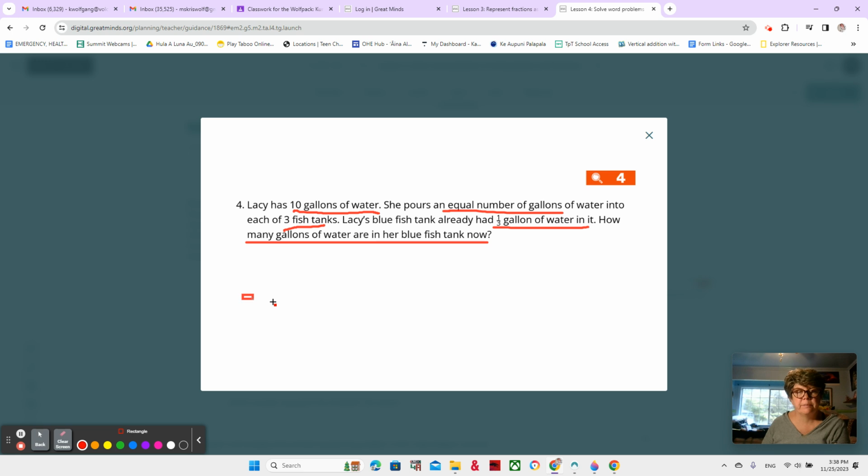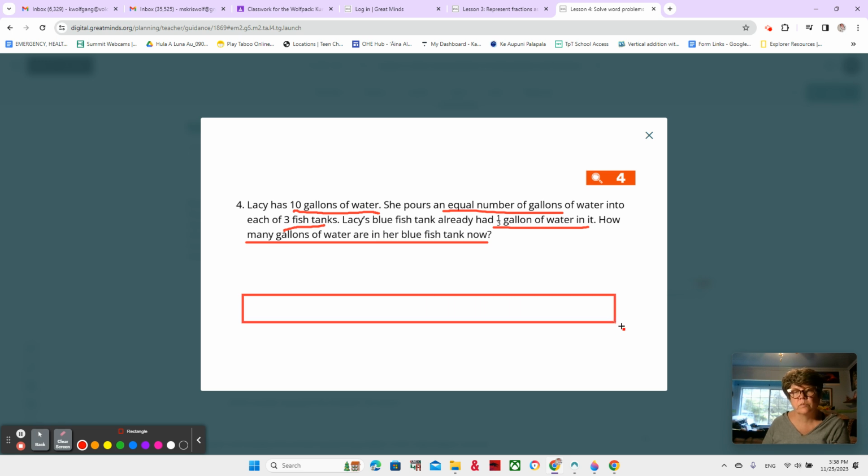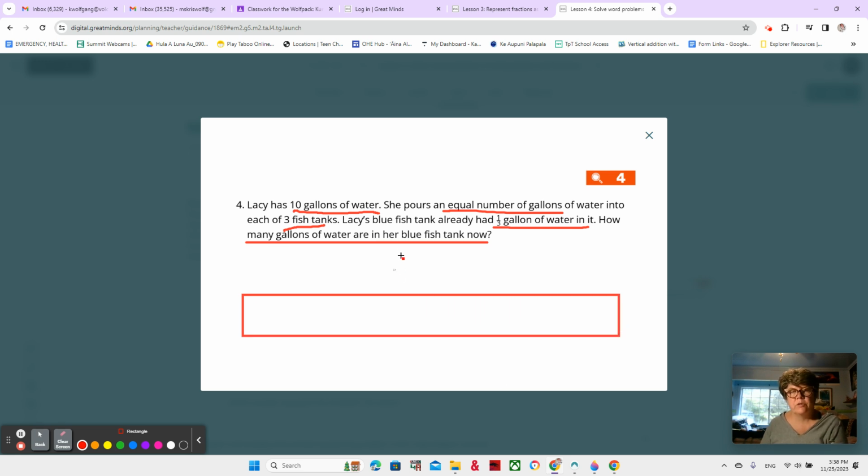Let's draw a tape diagram. And we're looking at dividing the gallons of water, the 10 gallons, into 3 fish tanks. So we're starting with 10 gallons of water.